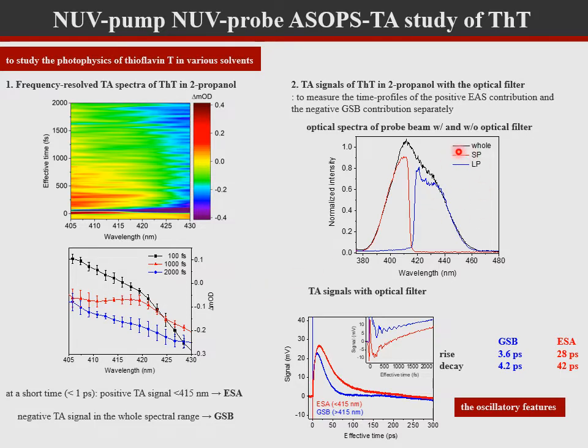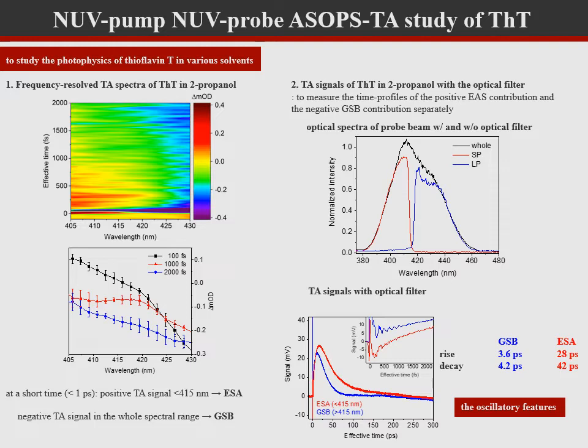We used an optical filter centered at 450 nanometers to measure the time profiles of the positive ESA contribution and the negative GSB contribution to the TA signal separately. The slowly varying time profiles could be fitted with two exponential functions.